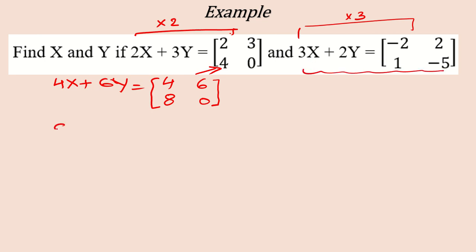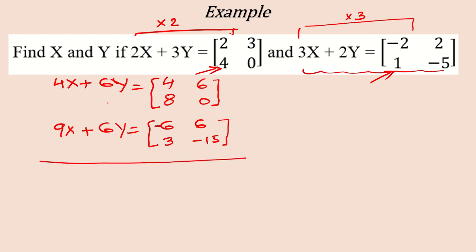So, 3 times 3x, 9x plus 3 times 2y, it will be 6y is equal to, all elements of this matrix will be multiplied by 3. So, this is 3 times minus 2, minus 6, 3 times 2, 6, 3 times 1, 3, 3 times minus 5, minus 15.